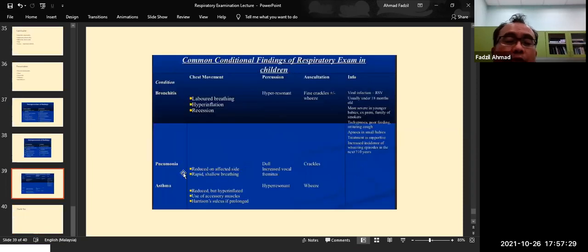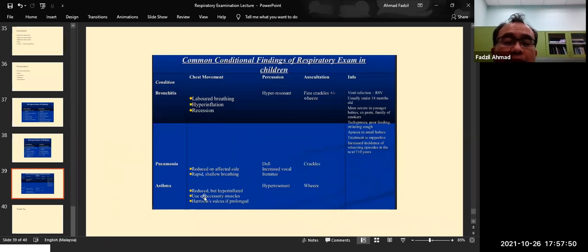Example, bronchopneumonia: reduced breathing on the affected side, chest movement reduced at the side, rapid and shallow movement. Percussion is dull on the side of the pneumonic lung, increased vocal fremitus, and a lot of crepitations.